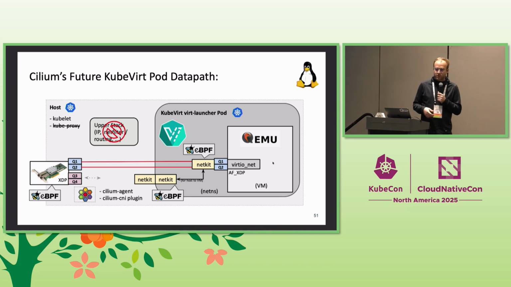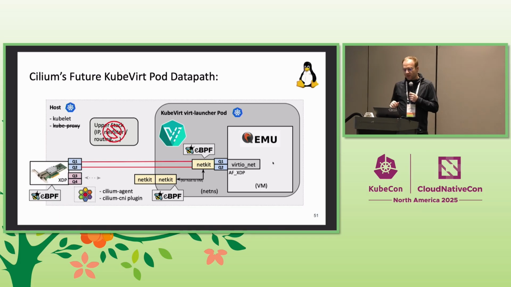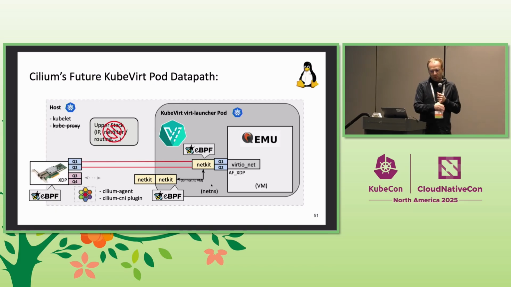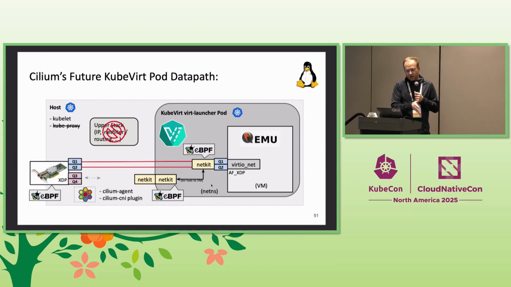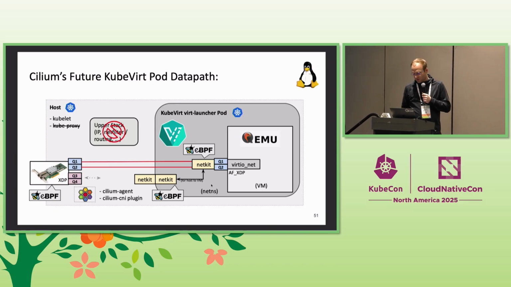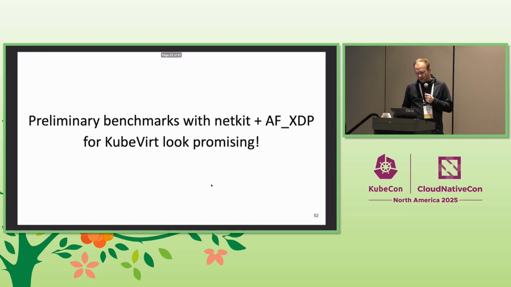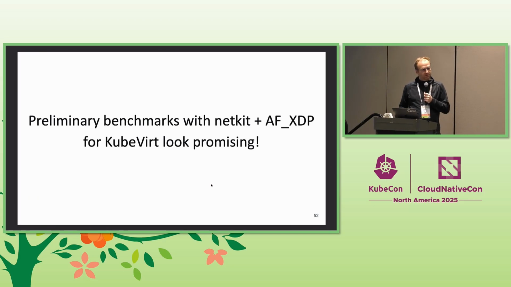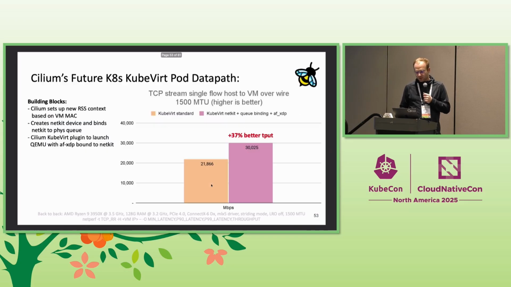So you don't have a bridge device, you don't have a tap device, and you can make use of AF_XDP. There's still a netkit pair down here, for communication from applications in the host to the pod. We did a prototype of all of this and some preliminary benchmarks, and I think they look quite promising.